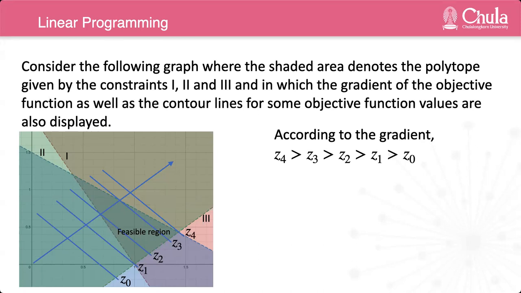If you want to maximize, you move this way, so the last point of this contour still in the feasible region is here. However, you move this way to minimize it, and the last point is here. If you consider this point, of course, the objective function is around here, and you can move further down.